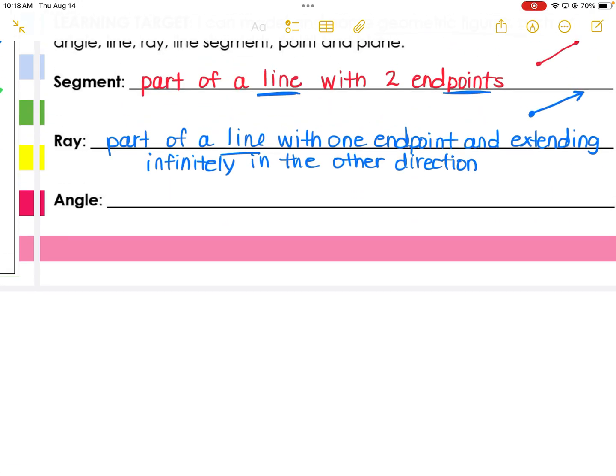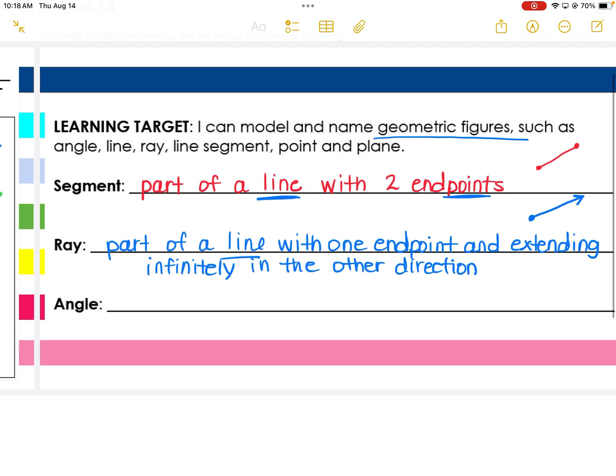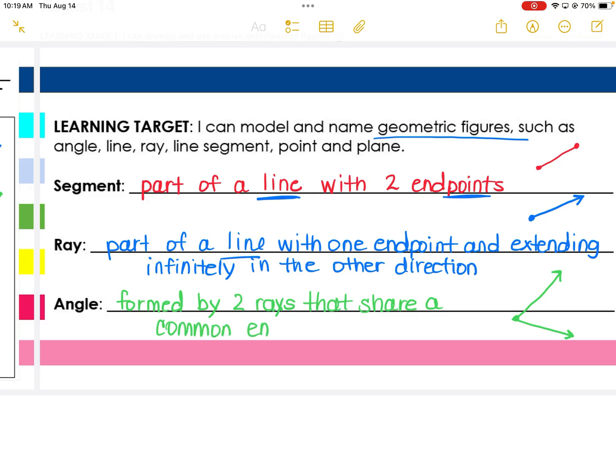And lastly, angle. What's an angle? Watch me draw it real quick here. An angle, just like that. An angle is formed by two rays that share a common endpoint.